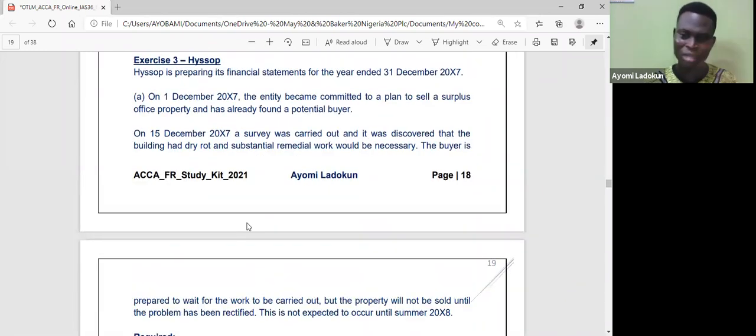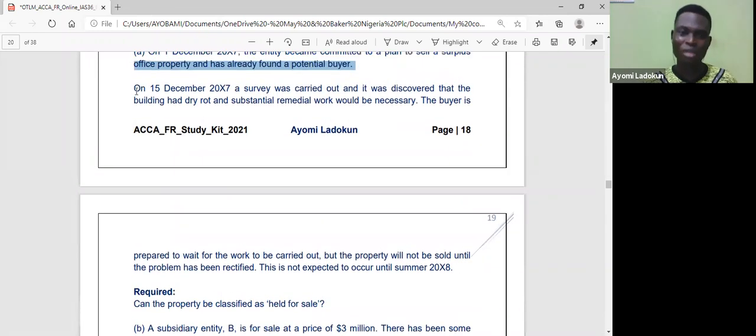Okay, let's look at exercise 3 again to further solidify our understanding. ISOP is preparing its financial statement for the year ended 31st December 2007. On 1st December 2007, the entity became committed to a plan to sell a surplus office property and has found a potential buyer.